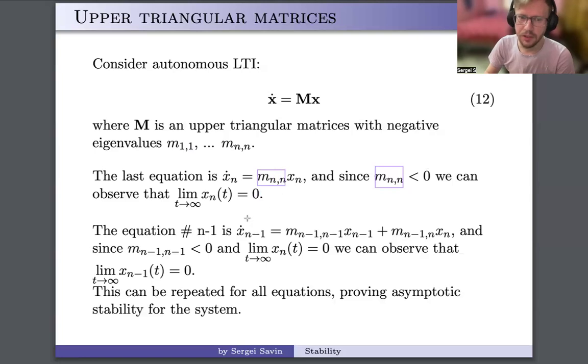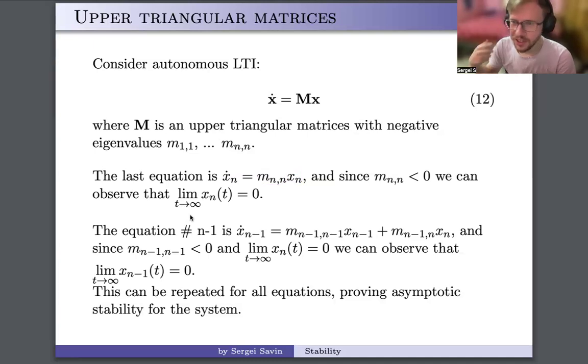This is a negative number, so this variable xn will go to 0 as time goes to infinity, right? It has to go to 0 because this equation's solution goes to 0, because m sub n is negative. Okay.